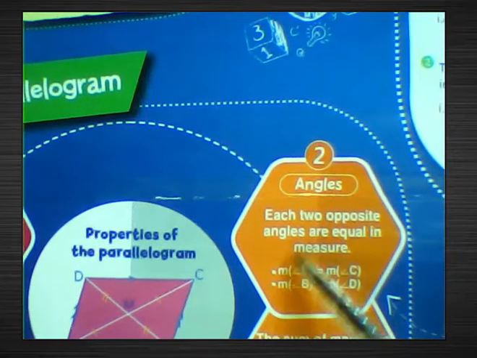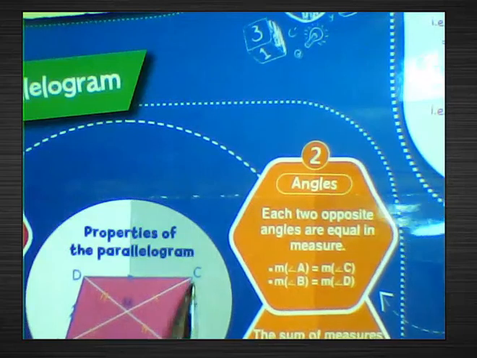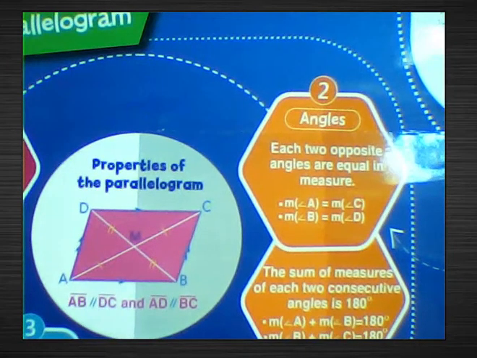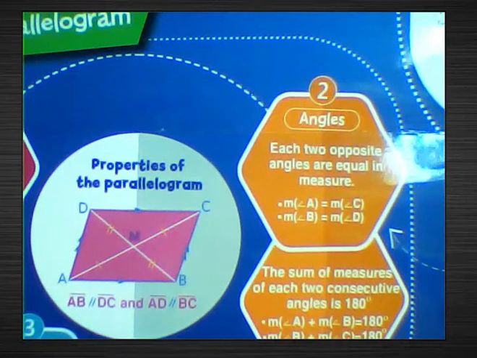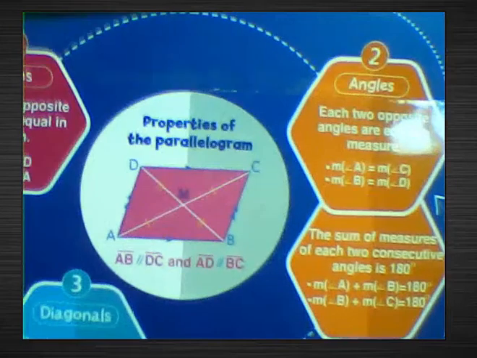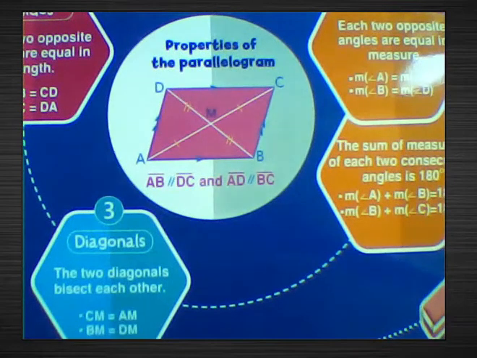About angles, each two opposite angles are equal in measure, such that the measure of angle A equals the measure of angle C and the measure of angle D equals the measure of angle B. The sum of the measures of each two consecutive angles is 180. And what about diagonals? The two diagonals bisect each other.